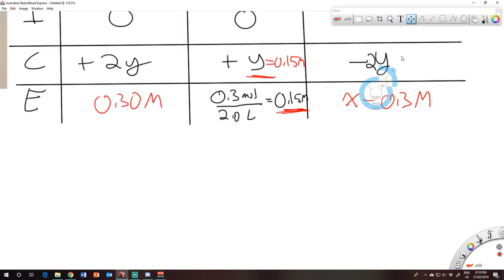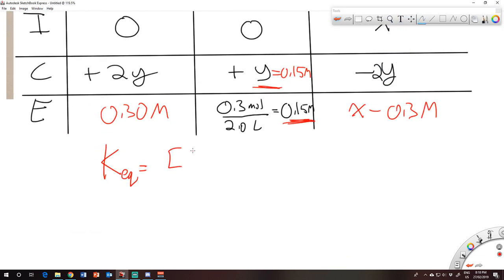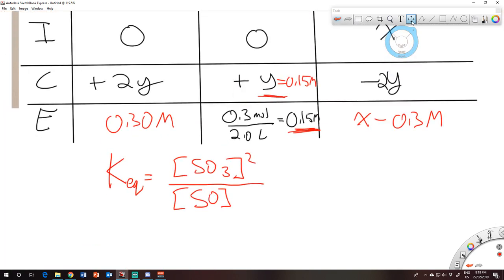We can then set up our KEQ equation. KEQ equals the concentration of products, SO3 squared because we have 2 of them, divided by the concentration of SO2 squared, and then the concentration of O2.